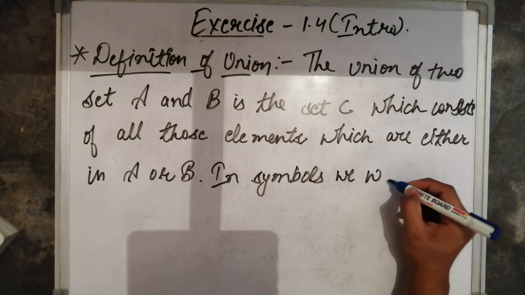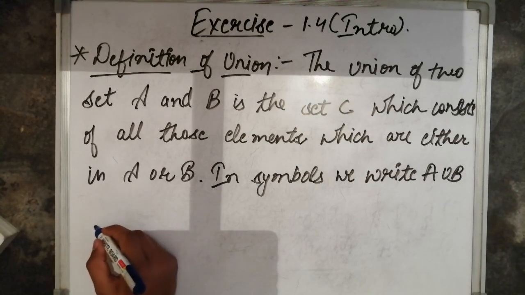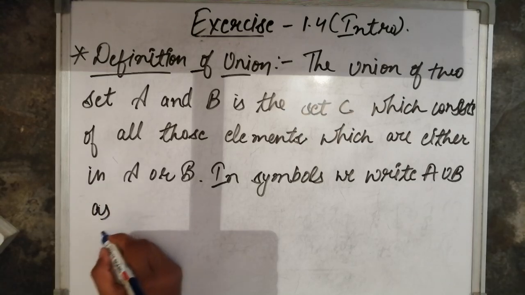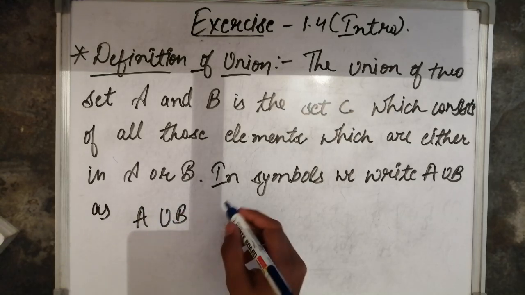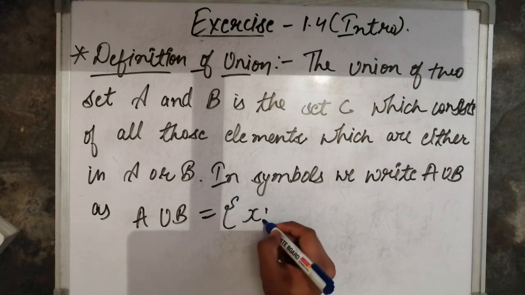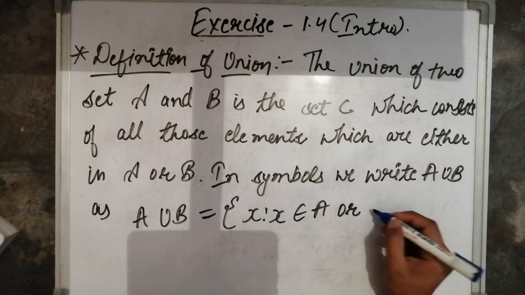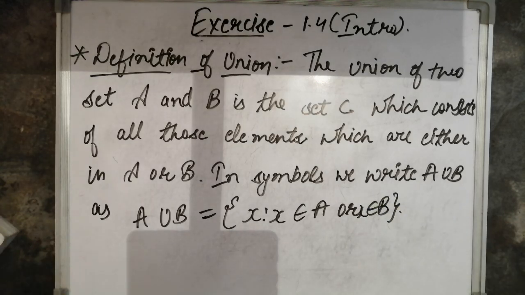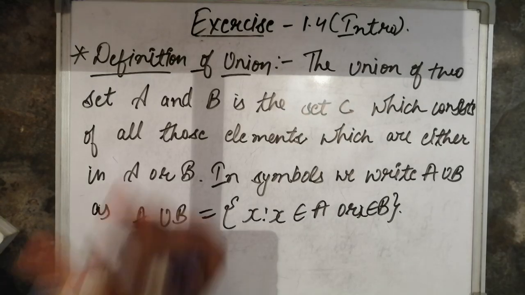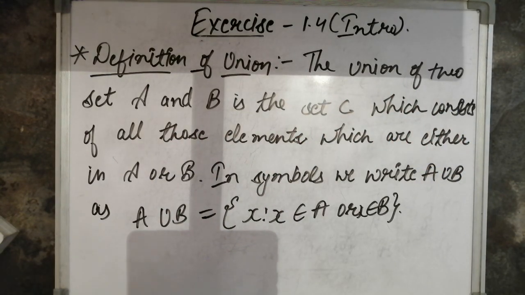We write A union B as A ∪ B. This is not a U, this is actually the union symbol. A ∪ B equals the set of x such that x belongs to A or x belongs to B. So what does this definition actually mean? It means that the union of the two sets A and B will give the set C, which will definitely contain the elements of set A and set B simultaneously.